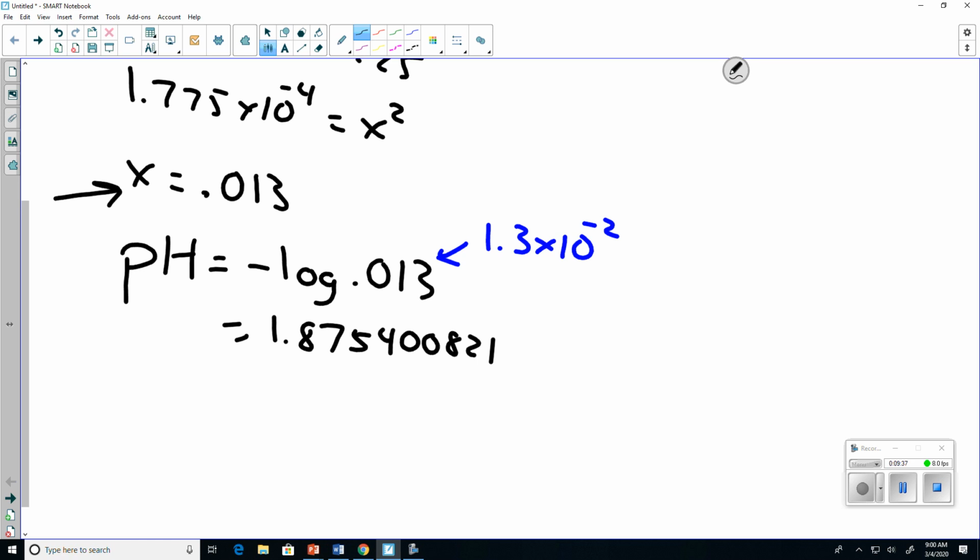If you take the negative log of that, there is a number that represents what's in front of the decimal. Then this has two digits here for two digits there. Since that's a 5 after, I'd round this up to 1.88.